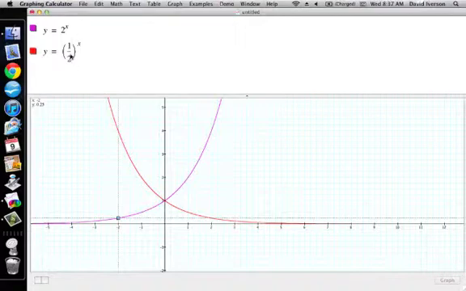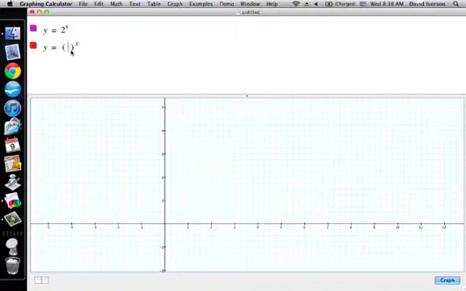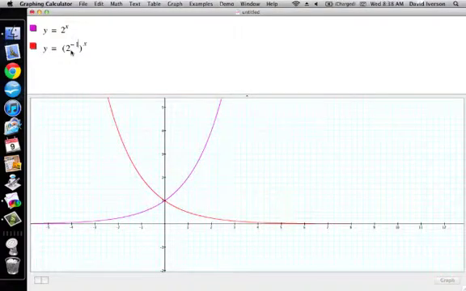So let me show you something. Laws of exponents. I can replace 1/2 with 2 to the -1. Same thing. 1/2 and 2 to the -1 are the same thing. Now, if I have a number raised to a power and then that whole thing is raised to a power, what do I do with these two exponents?